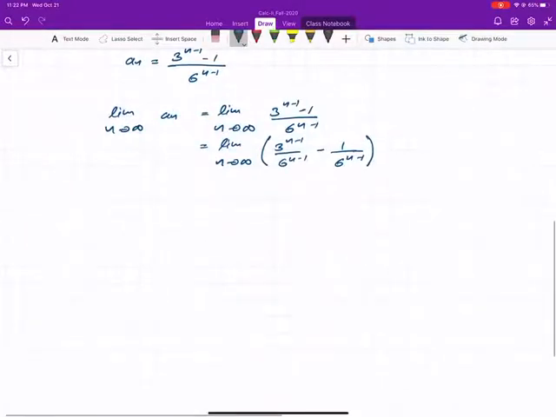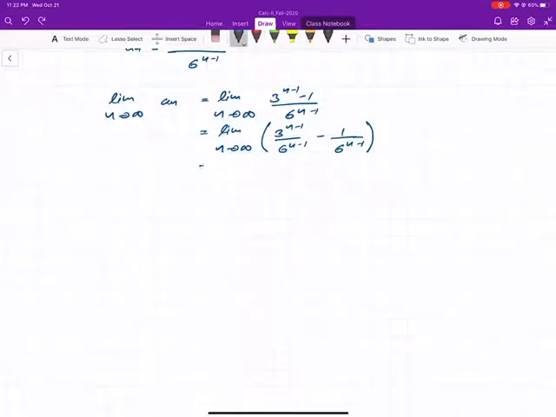Alright, now you can simplify this part. So you write limit n goes to infinity, and then you write this part as 3 over 6 to the power n minus 1.